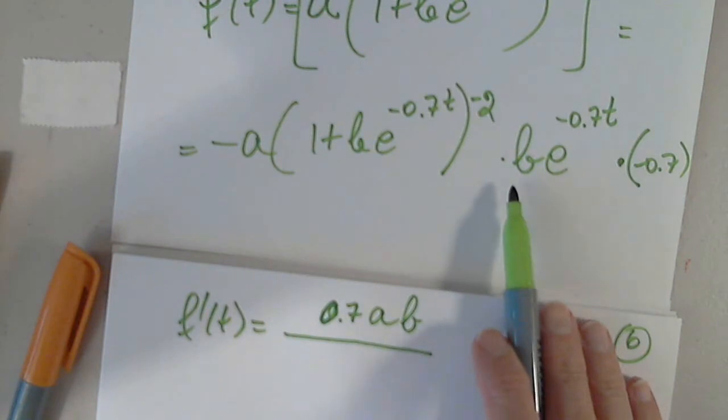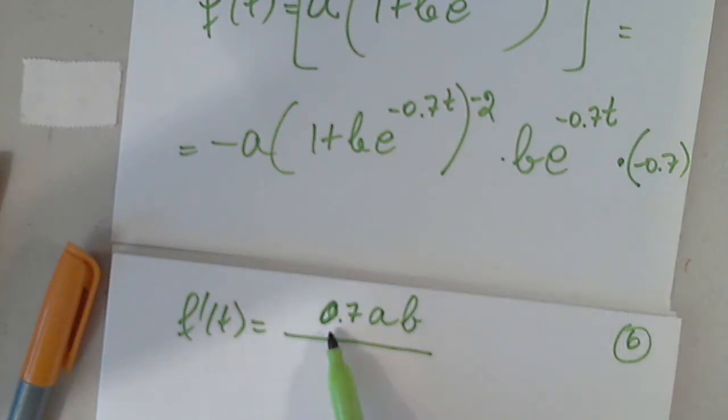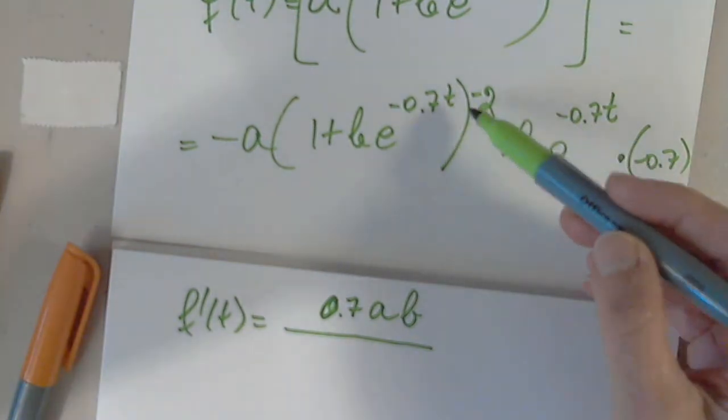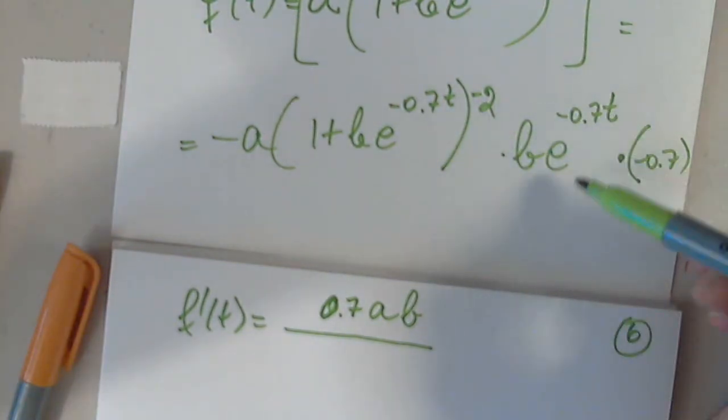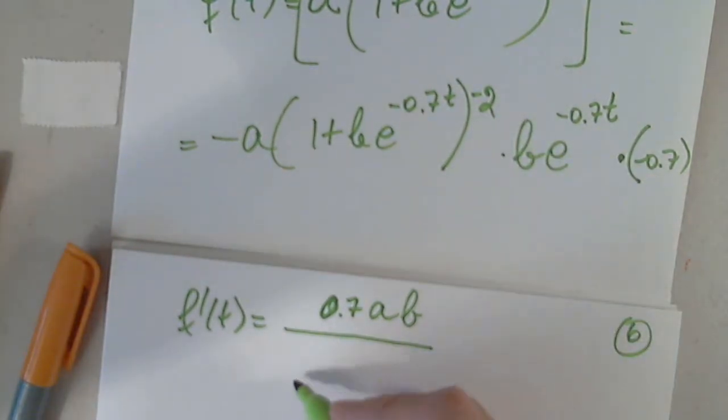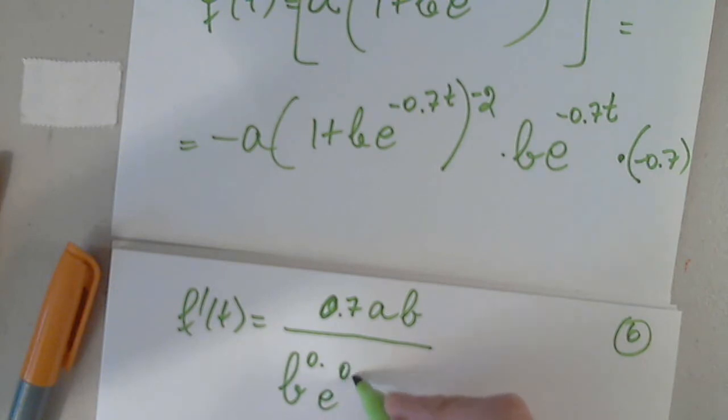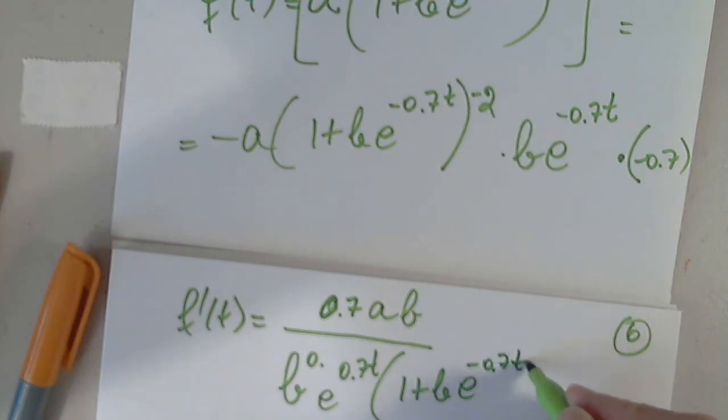So negative a times b times negative 0.7 will make 0.7ab. This has a negative exponent, this has a negative exponent, they will go to the denominator. E to 0.7t, and in parentheses, 1 plus b e to negative 0.7t, everything squared.